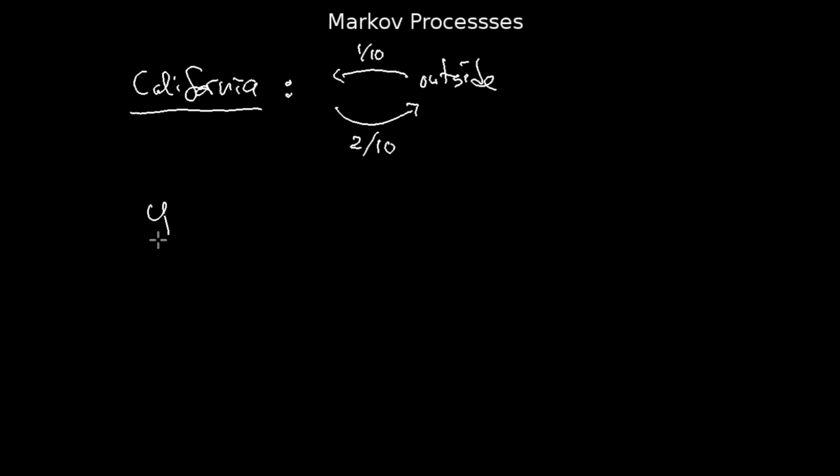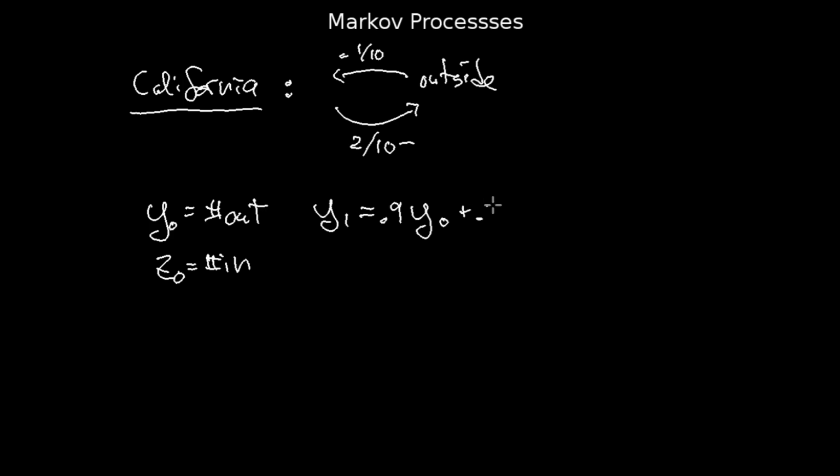And so let's suppose that we started off with y_0 people outside California and z_0 people in. Then after 1 year, what's the story? Well, the number of people outside has gone down by 1/10. So the number of people outside is going to have a term like this. And there's also this term giving us plus 0.2 times z_0.